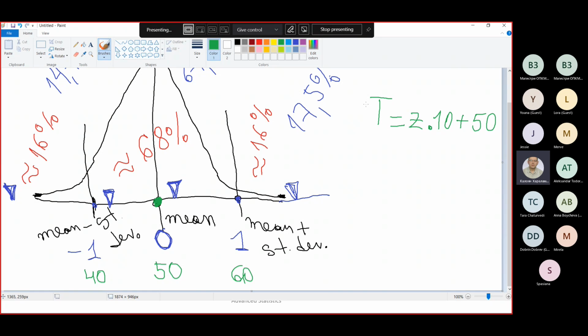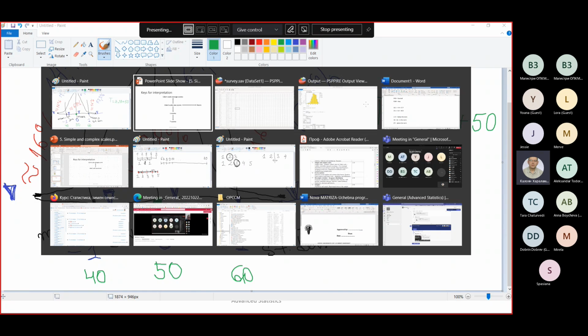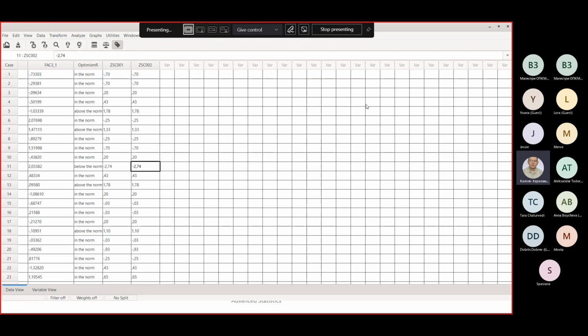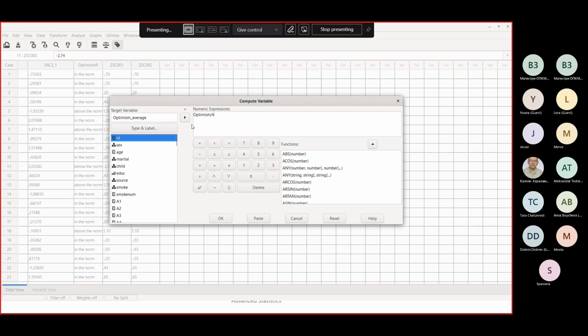So for the calculation of these T-scores, we must use the equation. We can choose here, again press reset to start from the beginning.